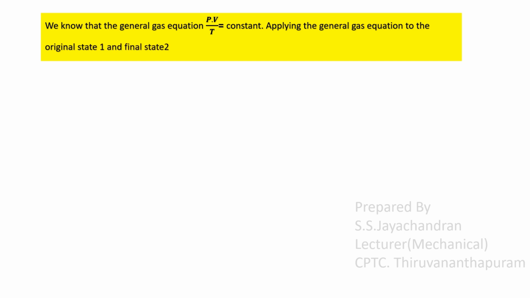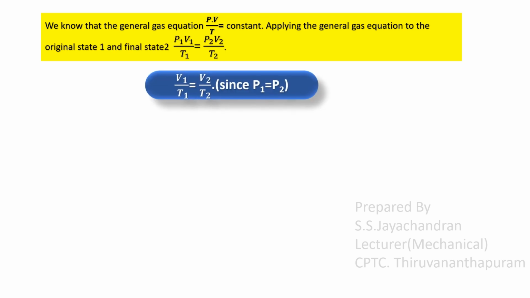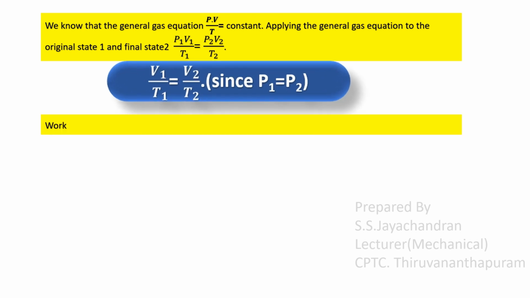Since pressure is constant in the isobaric process, the governing equation for the process 1 to 2 is V divided by T equals a constant. That is, V1 divided by T1 equals V2 divided by T2.